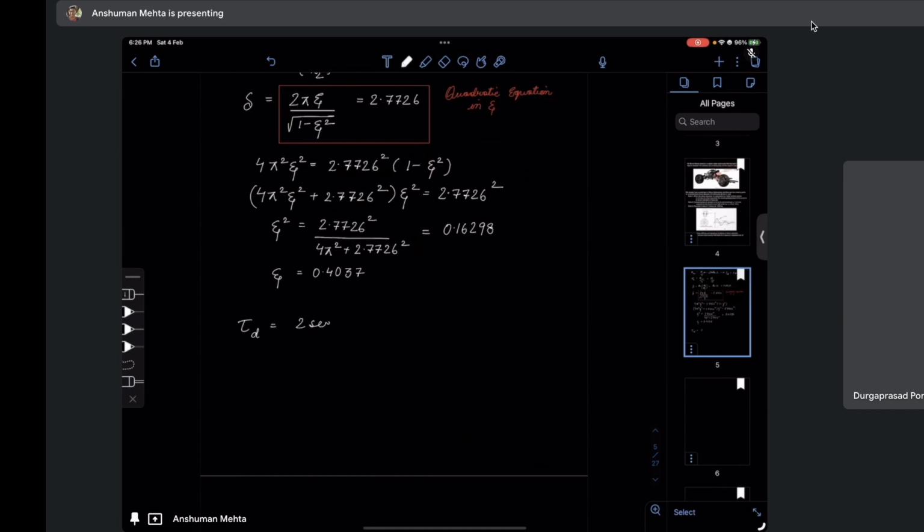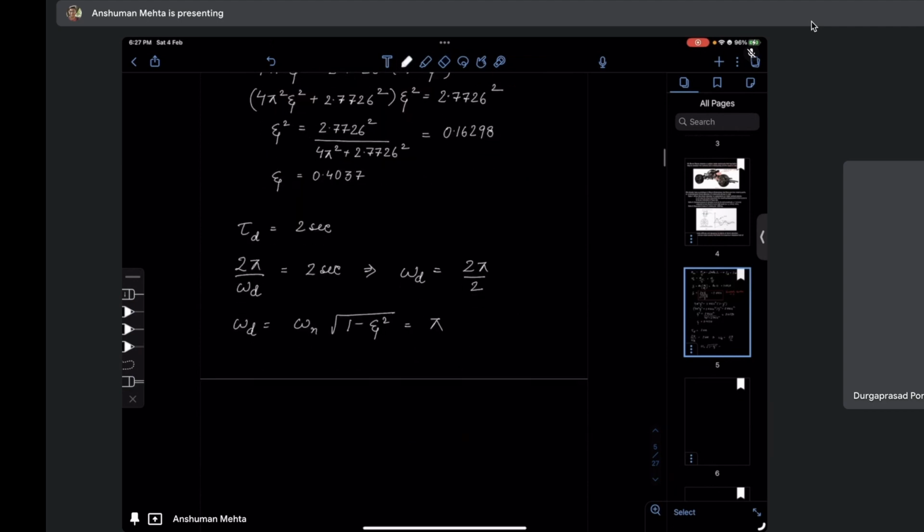So we will now use damped period is equal to 2 seconds. We can write the relationship 2 pi by omega d is equal to 2 seconds, which gives us omega d equal to pi. Now omega d we know is omega n under root 1 minus zeta square, equal to pi.